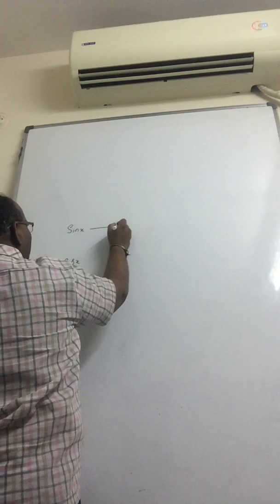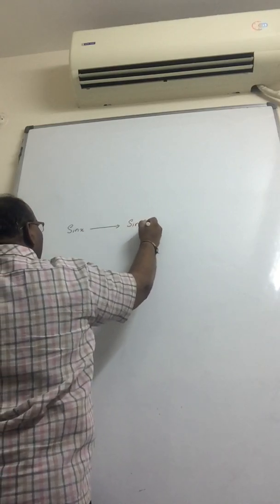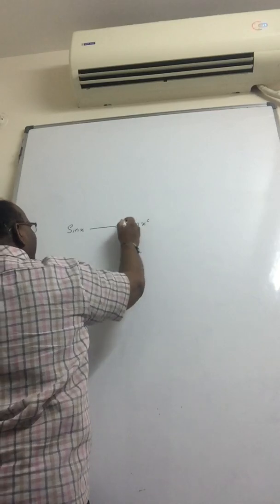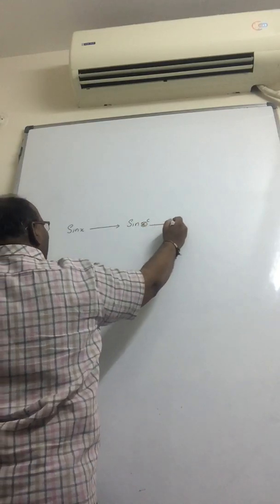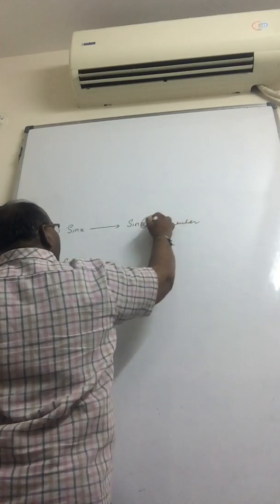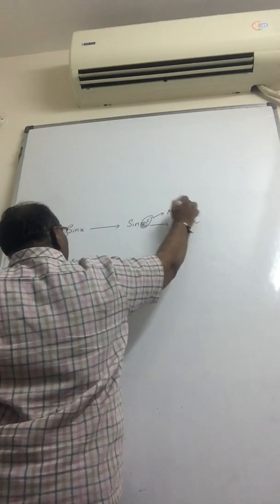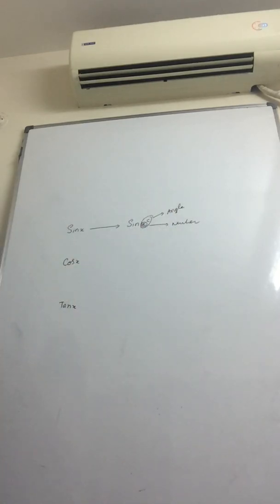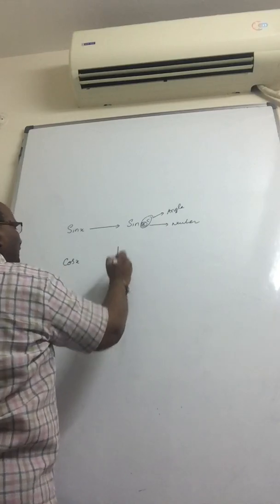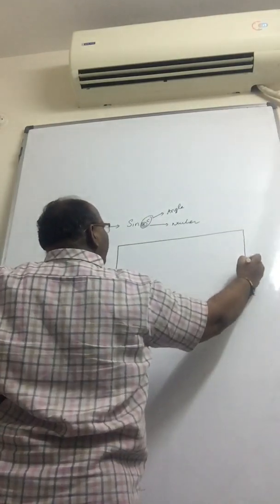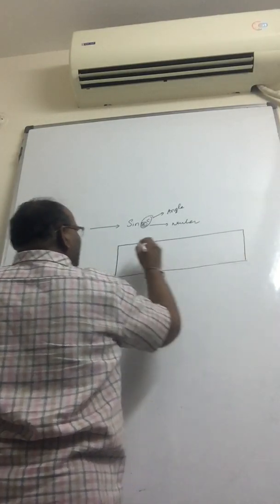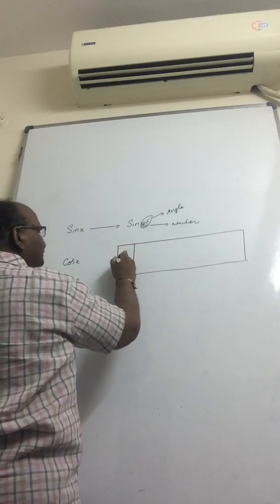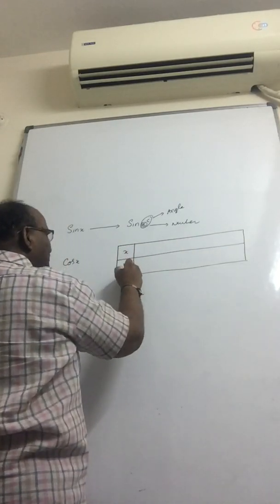Once you take sin x, you have to understand that by default it is sin x radians. Here x is a number, and x radians is an angle. So all of you know the sine values for different x. Let us draw the graph by taking some x values and finding the corresponding y values.